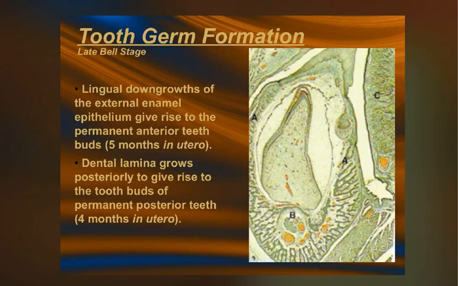The second molar reaches it at 10 months of age, and the third molar at 5 years of age. Then each tooth will follow after the bud stage, become early cap stage, late cap stage, early bell, then late bell. Primary teeth, their development precedes the development of permanent teeth.